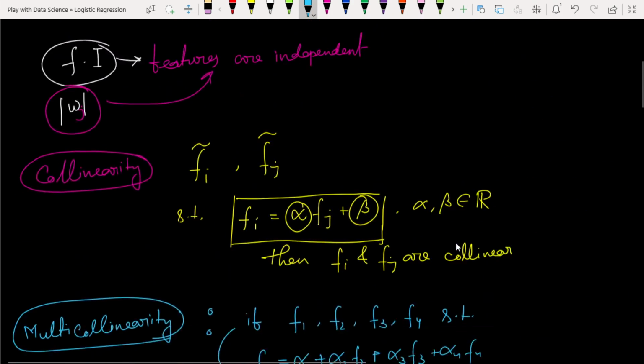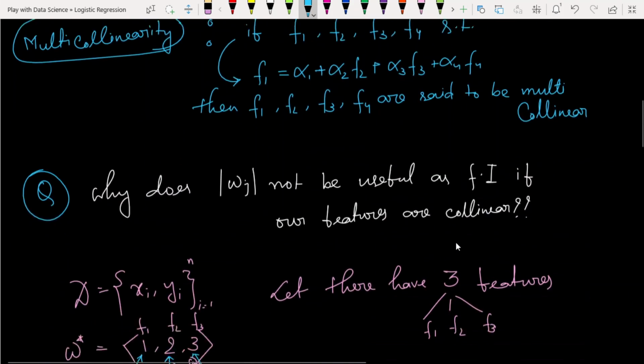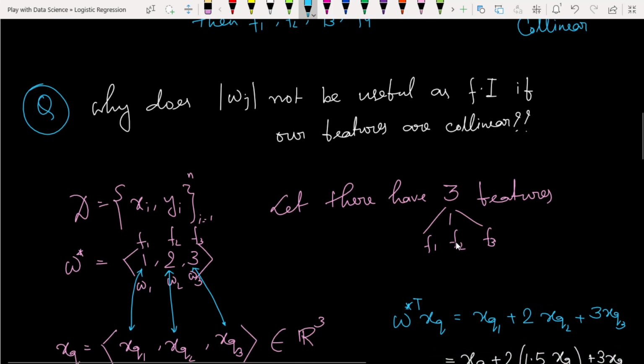If collinear, we cannot use the norm of wj as feature importance.